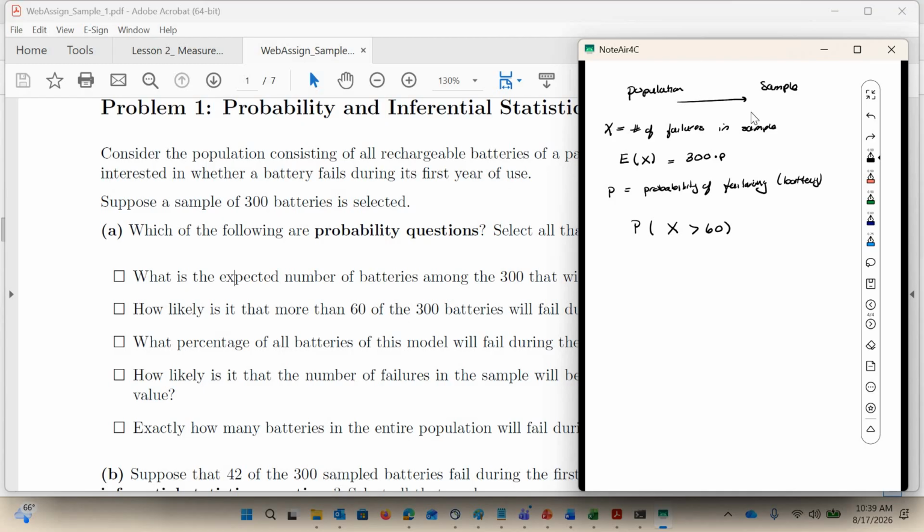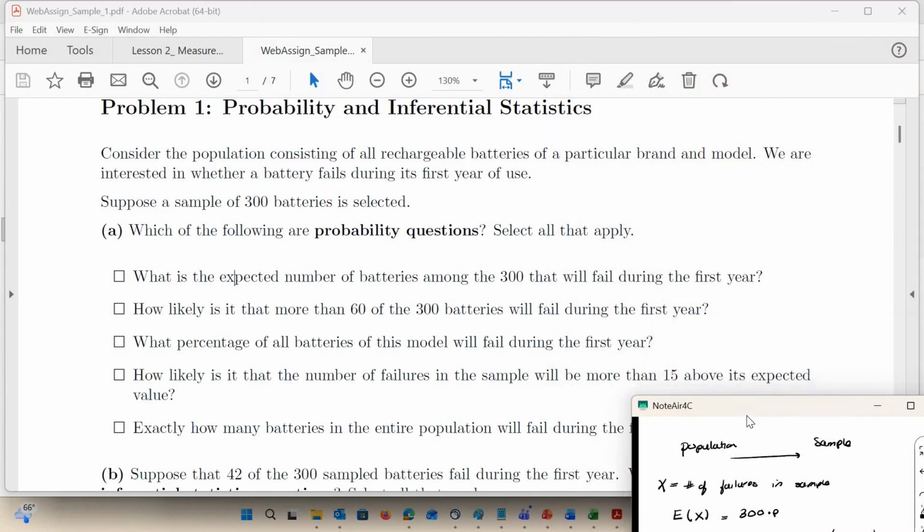It's almost identical looking to the second one. I'm trying to compute the probability that the number of failures in a sample is going to be 15 above the expected value. I'm posing this as a probability question. It's a probability question.